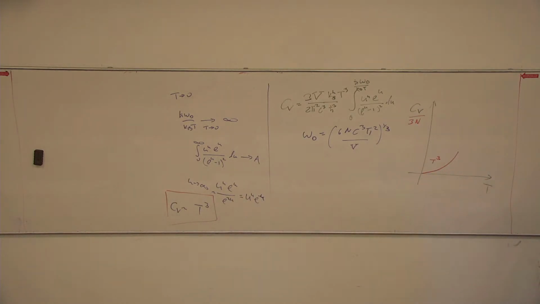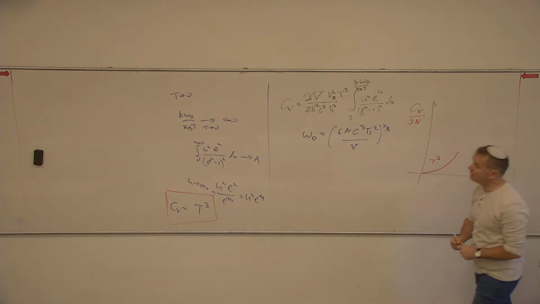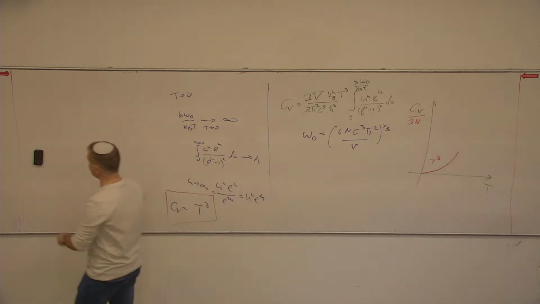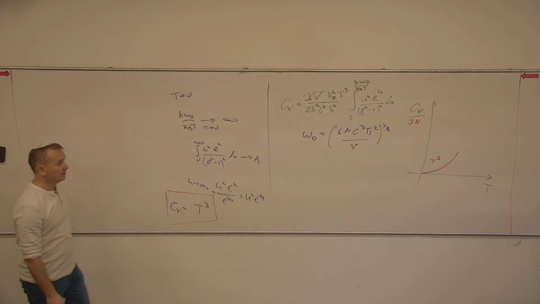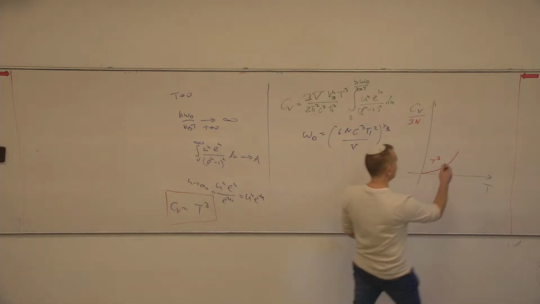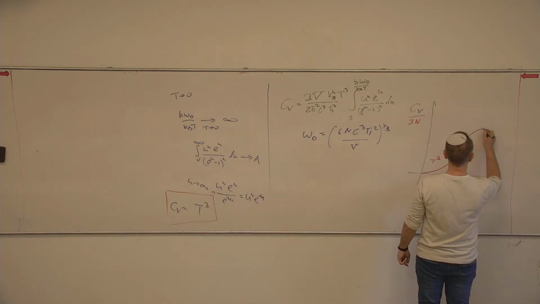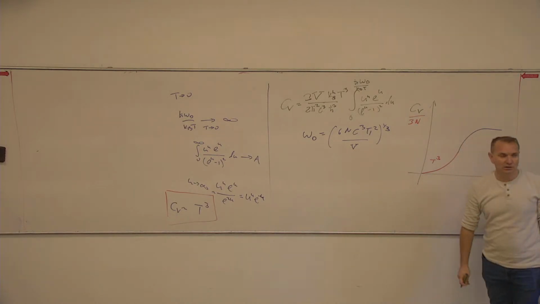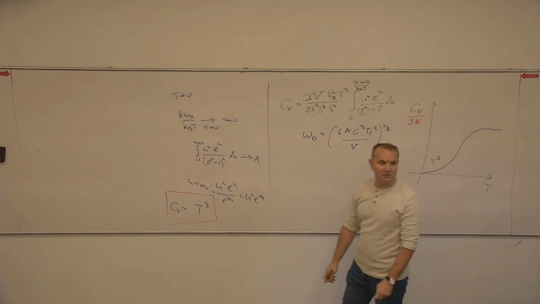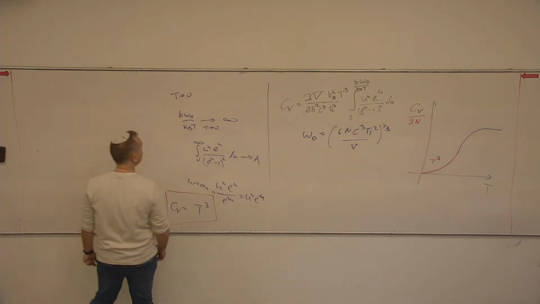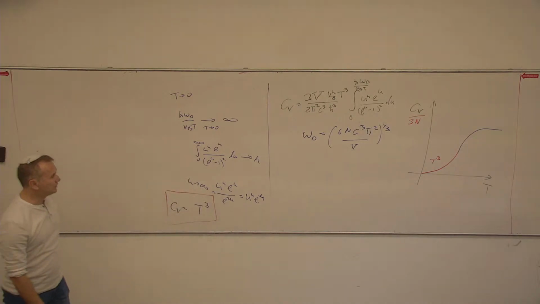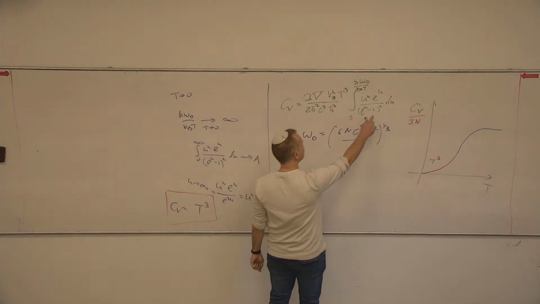The other limit is when T goes to infinity, right? We have to see whether our theory is consistent with the claim that C_V converges to a constant, and this constant is basically independent of almost anything. So we have to again solve this integral.